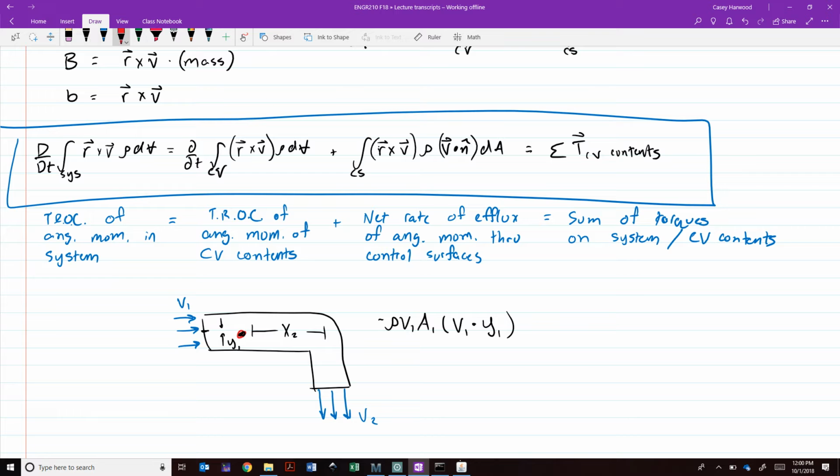Which in this case is equal to 0 because the flow is in line with our point, our reference origin. Plus rho V2 A2 V2 times X2, and we need to verify that. Let's see. That would be a positive value, but that's a negative there.